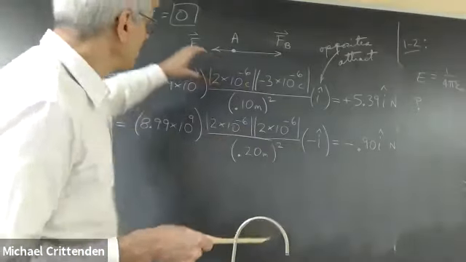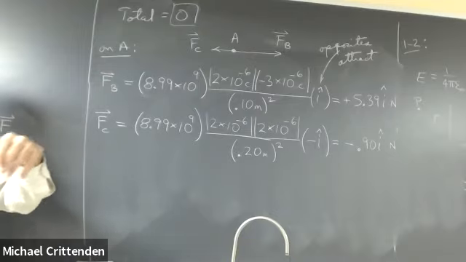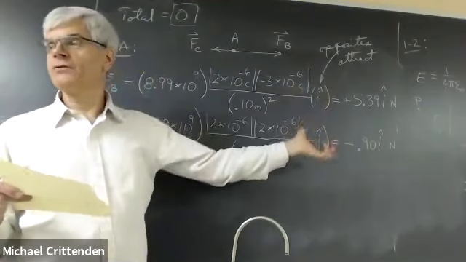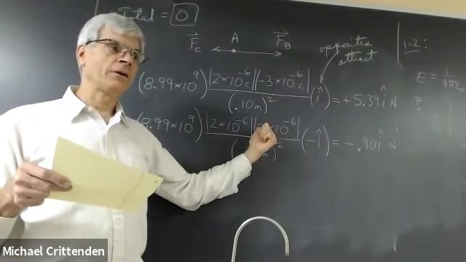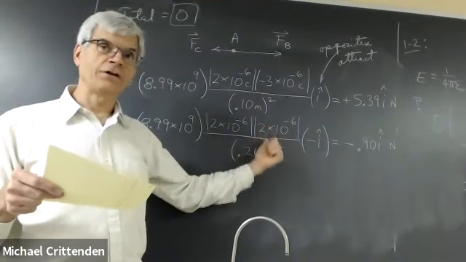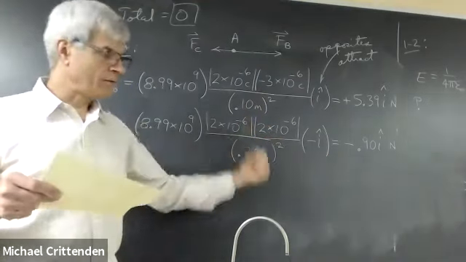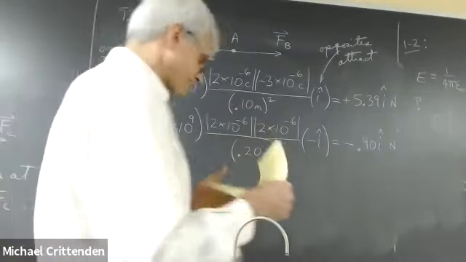Last fall, I usually gave you a question where it told you how many newtons each force was, and you were supposed to add them up. The only thing that's new here is you've got a formula that you have to use to figure out how many newtons each force is. Once you've done that, then it's all review from last fall.